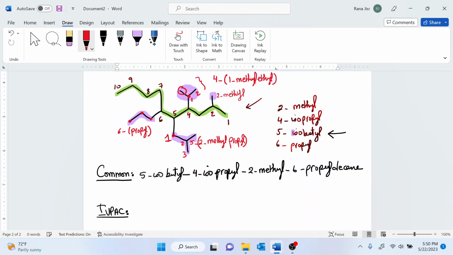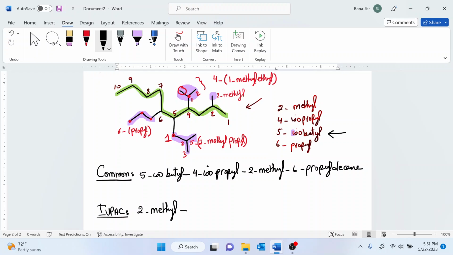Let's arrange in alphabetical order. So starting, all of those have methyls. This is a methyl, this is a methyl, and this is a methyl. So this one is going to be my highest priority since there's no other groups next to it. So this is going to be a 2-methyl in there. Okay.